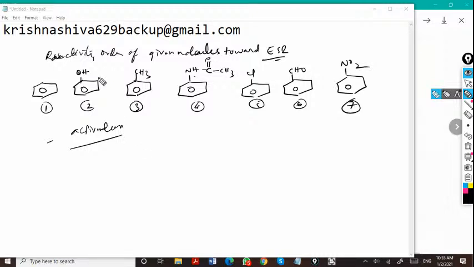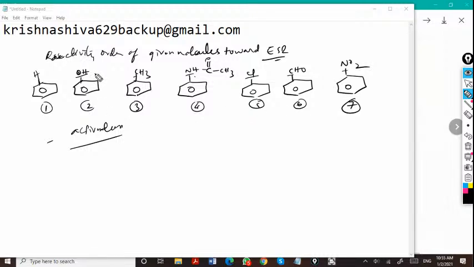Among these groups, hydrogen is neither activating nor deactivating. OH is strong activating. Methyl is weak activating. NH C double bond OCH3 is moderately activating. This is weak deactivating, this is moderately deactivating, and this is strong deactivating.